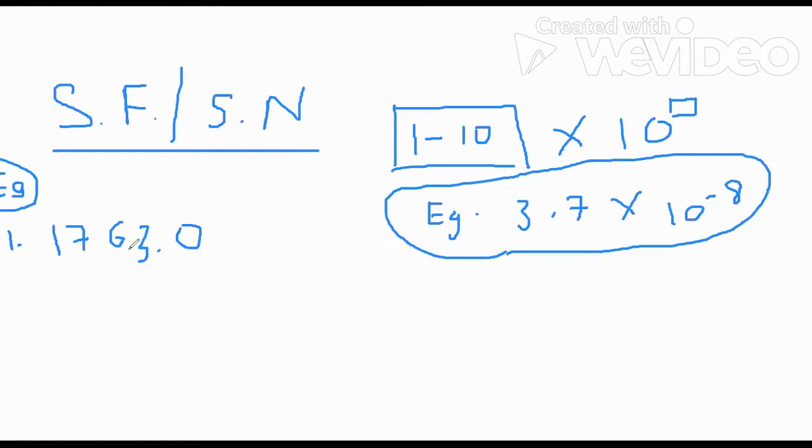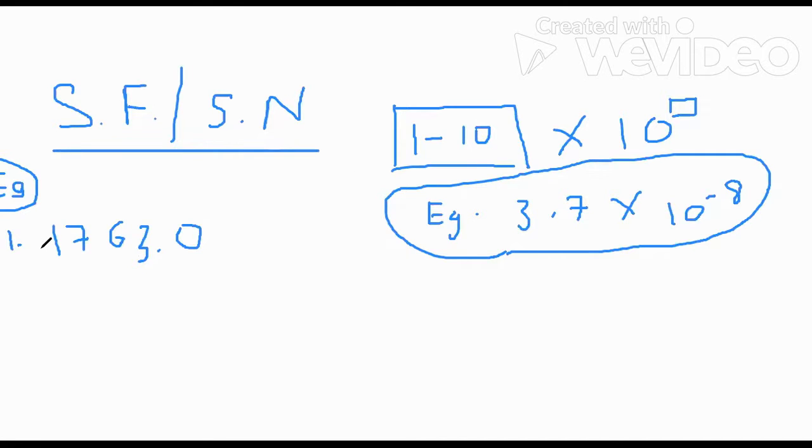What does standard form say? The number has to be between 1 and 10. If I put it between 7 and 6, I get 17.6, which is greater than 10.